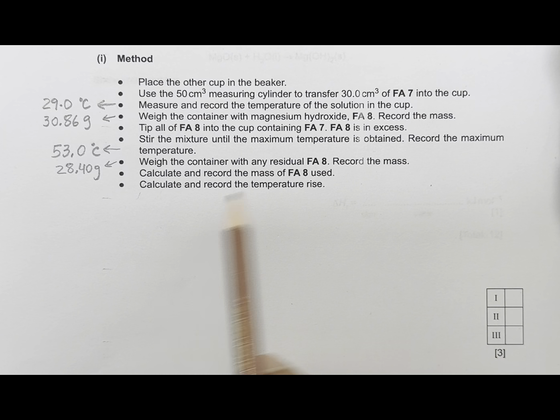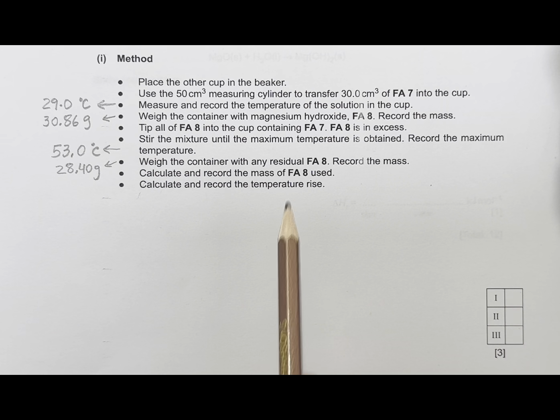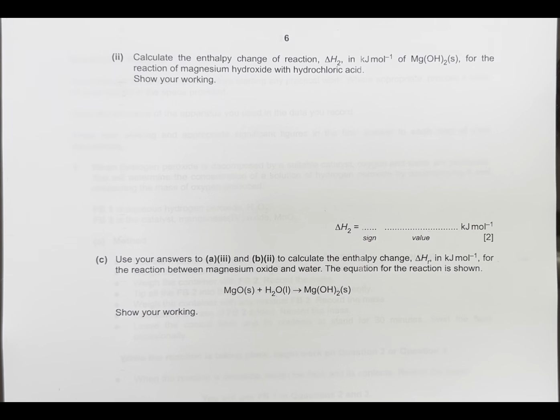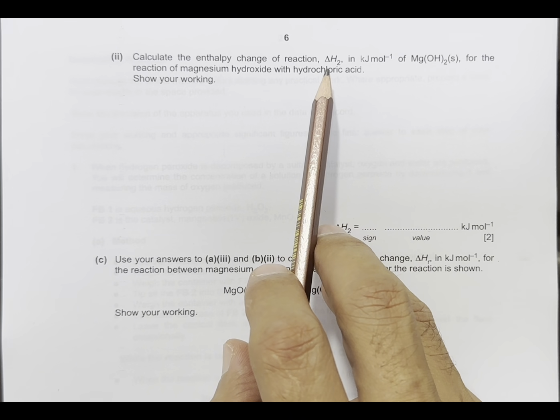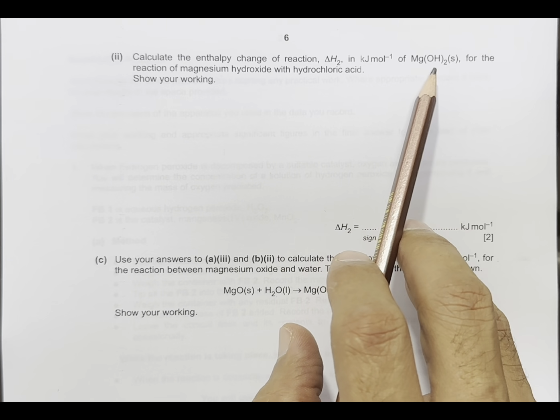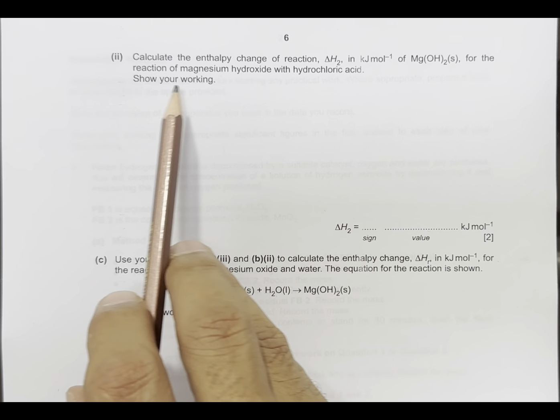Again, we will form a table in which we will record all the observations, the mass used and the temperature rise. So in the form of a table, all the values and observations are recorded. Now let's move on to the next part, which says calculate the enthalpy change delta H2 in kilojoules per mole of magnesium hydroxide for the reaction of magnesium hydroxide with hydrochloric acid. Show your working.